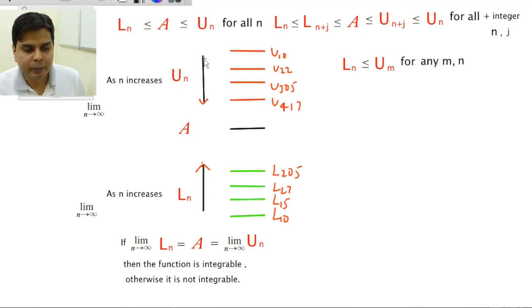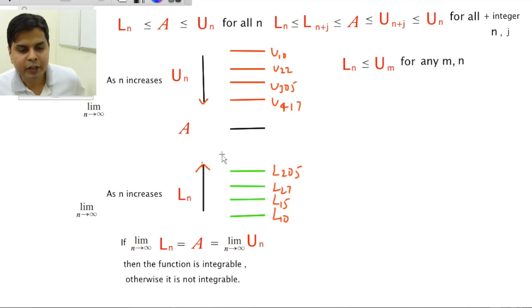So the Un's are falling, but they cannot fall below a. Ultimately it appears that Un is approaching this a, the exact area. Similarly, Ln is increasing, but it cannot increase beyond a, it has to stop somewhere at a. So Ln is also approaching a.